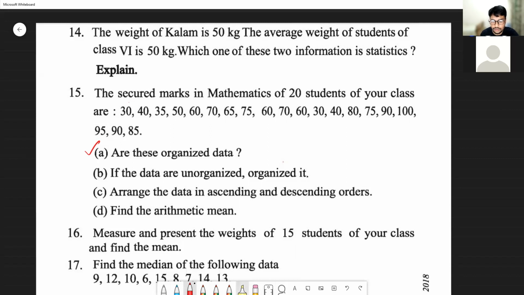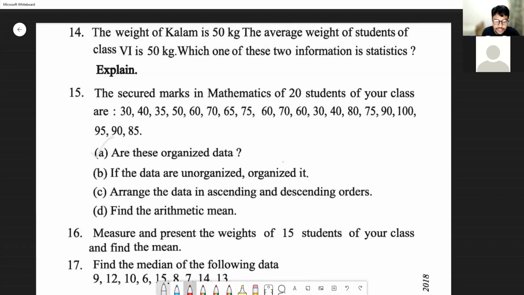Because these data aren't in a structured way. They aren't in descending or ascending order. Yes, these data are not in descending or ascending order. There are many smallest numbers, then the greatest number, then again the smallest number. So the first question's answer is no.